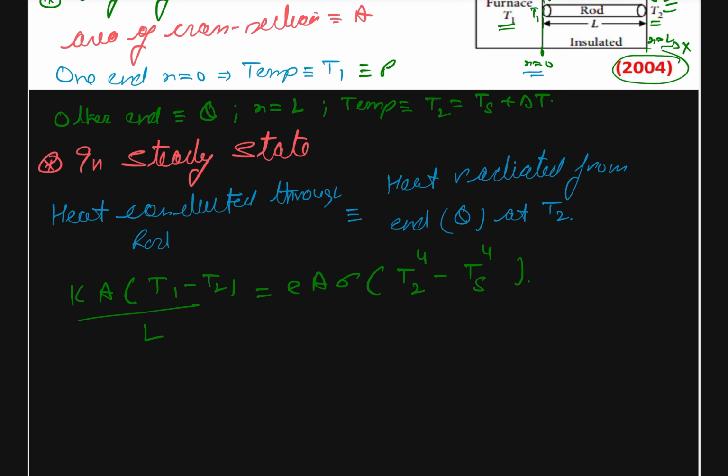We are given that delta T is very much less than Ts. Therefore, T2 to the power 4 minus Ts to the power 4 is approximately equal to 4 times Ts cubed times delta T.